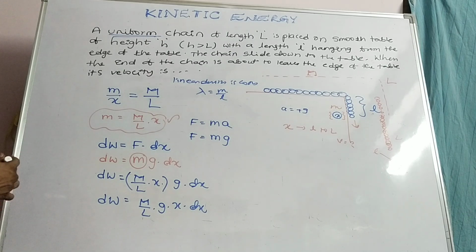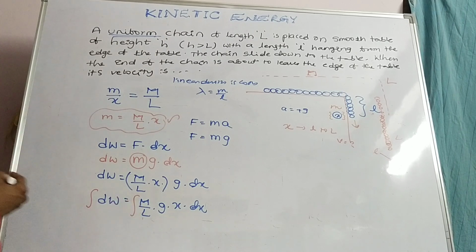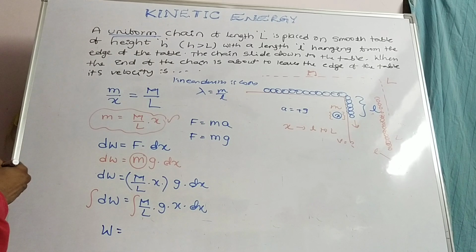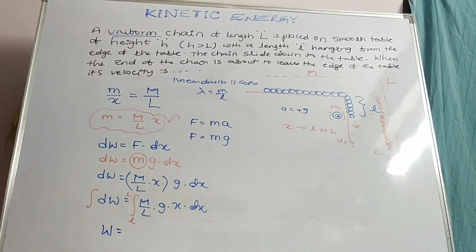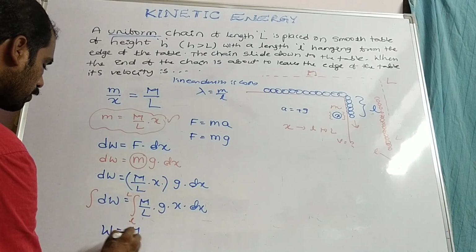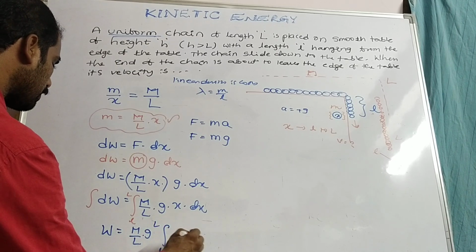So take the integration, integral dW, hence W, the work done, is equal to M by L into g, which is constant, times the integral from small l to capital L of x into dx.